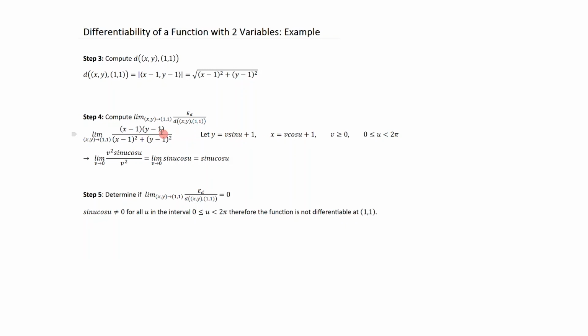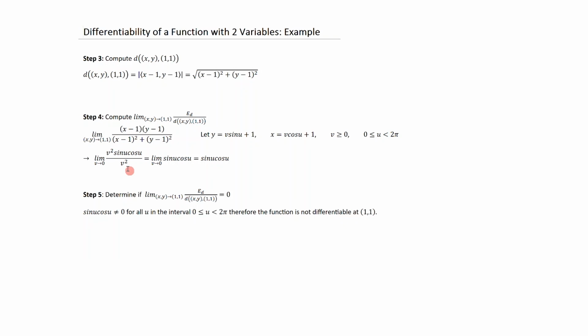So if we make these substitutions into this expression, given that we need to figure out what the limit would be as we go to (1,1), how does that transform into conditions for v and u? Well, in this case, v would have to go to 0, and u can be anything within this range. You end up with a transformation that makes this expression v squared sine u cos u divided by v squared.